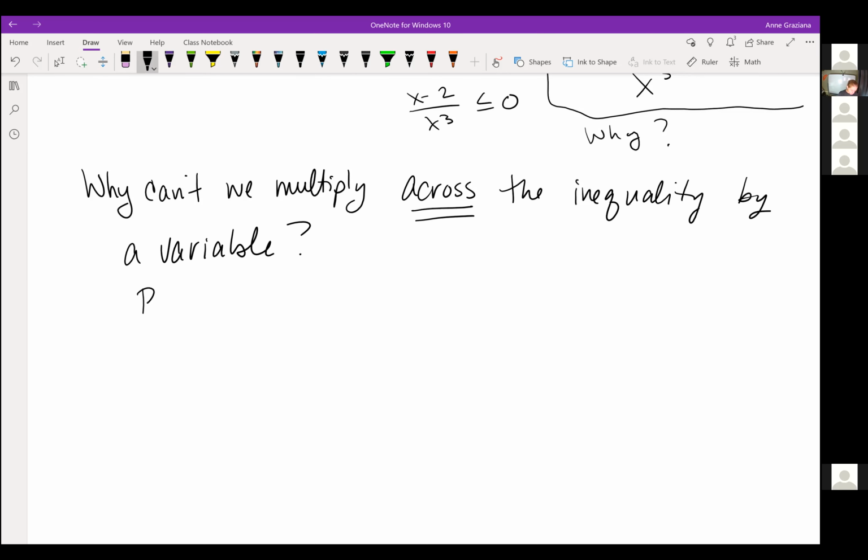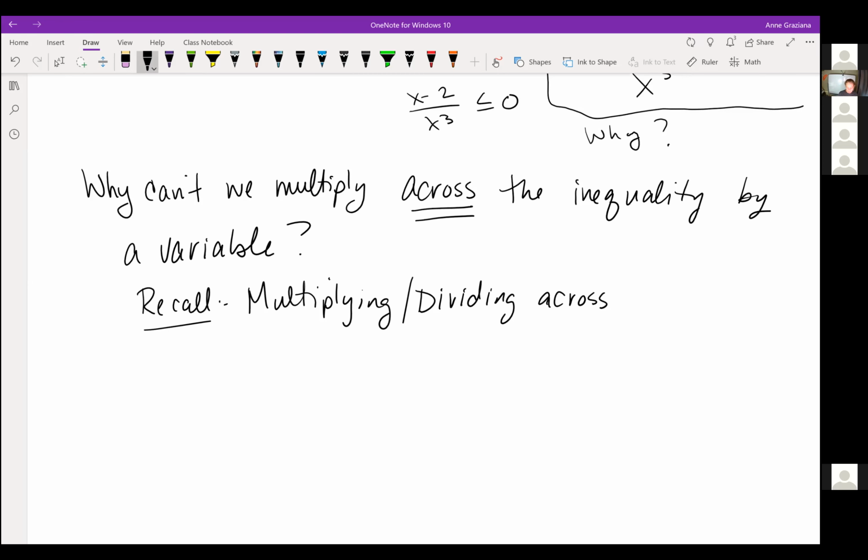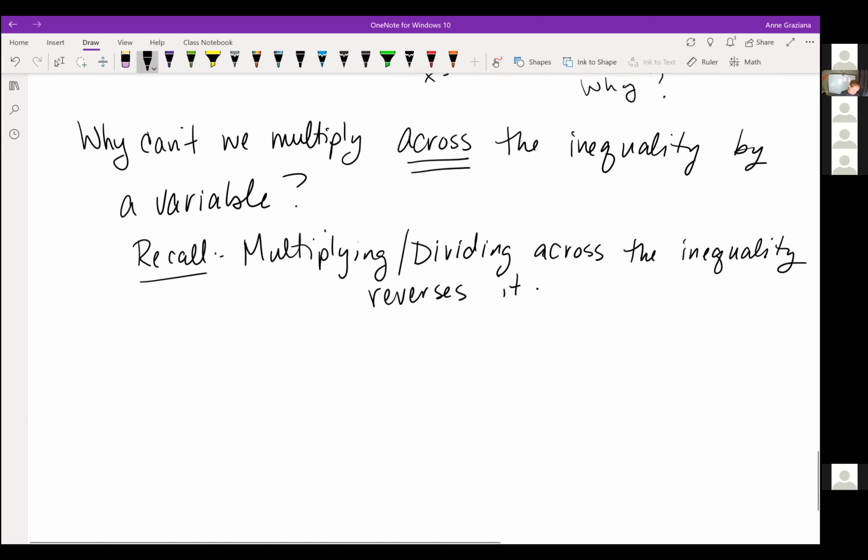So recall, multiplying or dividing across the inequality reverses it.